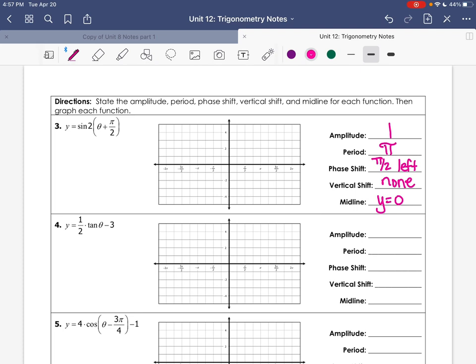So normally, let's just talk about what normal would be. We would start here, and then up to here, and then here, and then here, and then here.